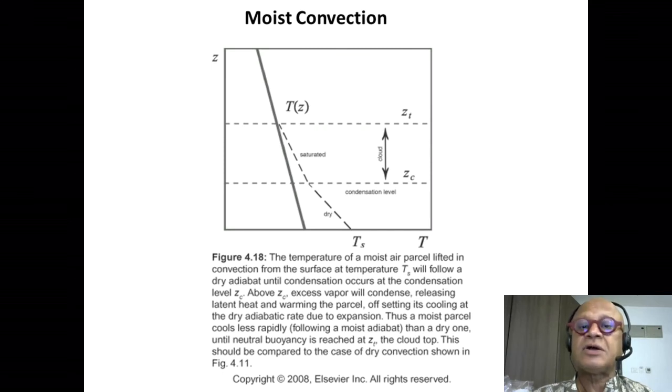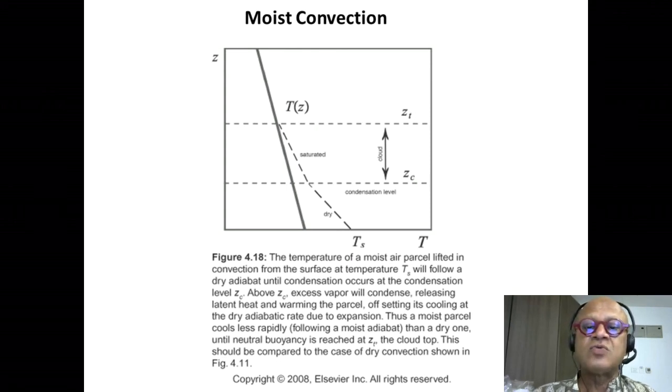But it's not constant, because if there is humidity in the air, as it expands and cools and reaches the condensation level where q becomes greater than q star, then the further ascent of the air is going to be affected by the release of that condensation heat. So now its lapse rate is different. Eventually it will reach the environmental value of T when it reaches, let's say, its neutral buoyancy.